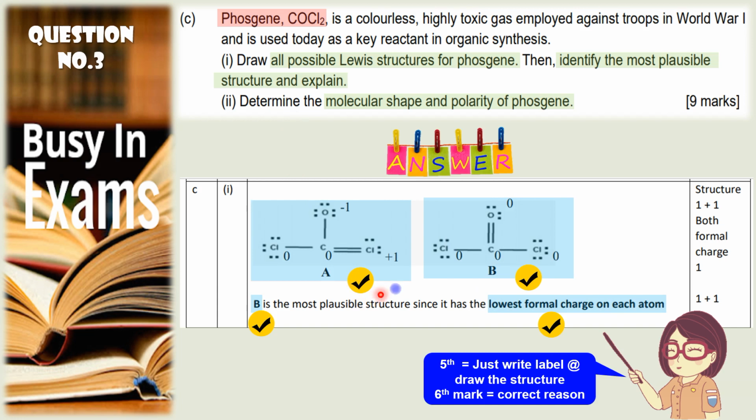Alright, so the first and second mark is given to you for the Lewis structures, and you have to label A and B. And then which one is the most plausible? Of course, the Lewis structure B, because it has the lowest formal charge. So B is 1 mark, and then lowest formal charge is 1 mark. Reason 1 mark.